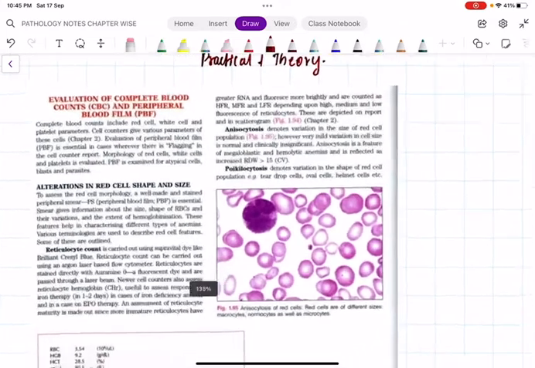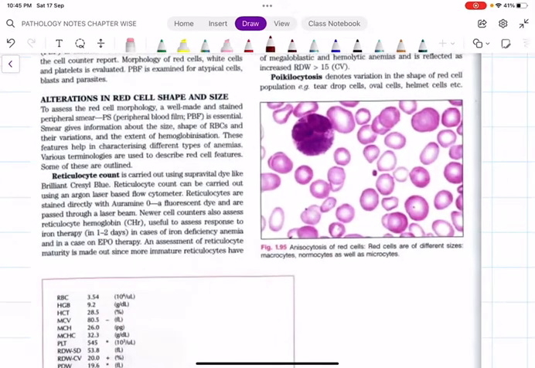First, reticulocyte count. That is the first terminology we are going to learn. Already I have told you about the reticulocyte count. If you want, you can watch the erythropoiesis video. I'm going to just stress some important points. Number one, it is stained by supravital dyes like brilliant cresyl blue.